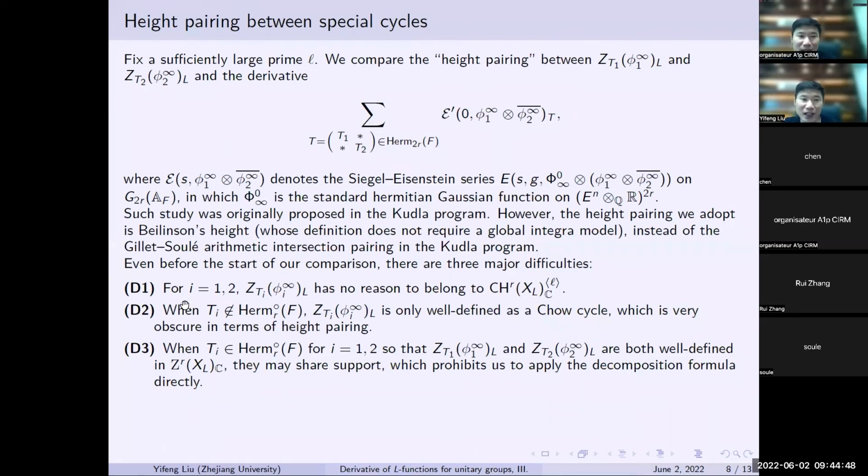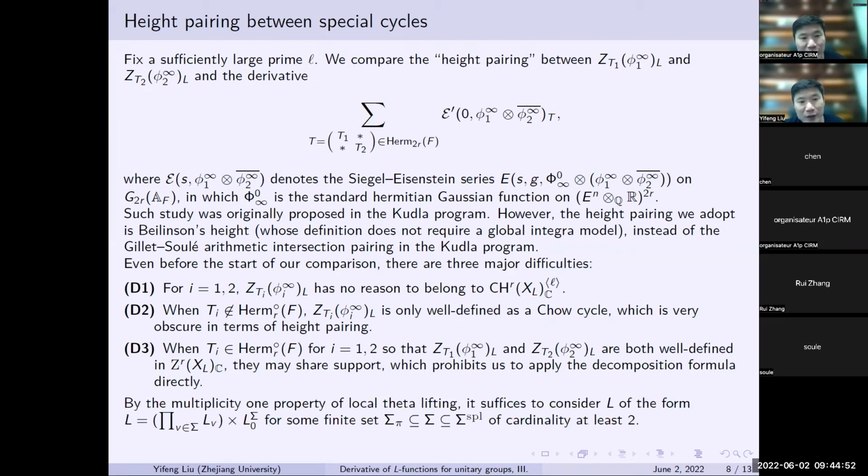Now I'll explain how to solve D1, D2 and D3. Before doing that, let me remark that by the multiplicity 1 property of local theta lifting, it suffices to consider L of the following form. We only consider L to be good away from Σ, where Σ is a set containing Σ_π and only consisting of split places and has cardinality at least 2.